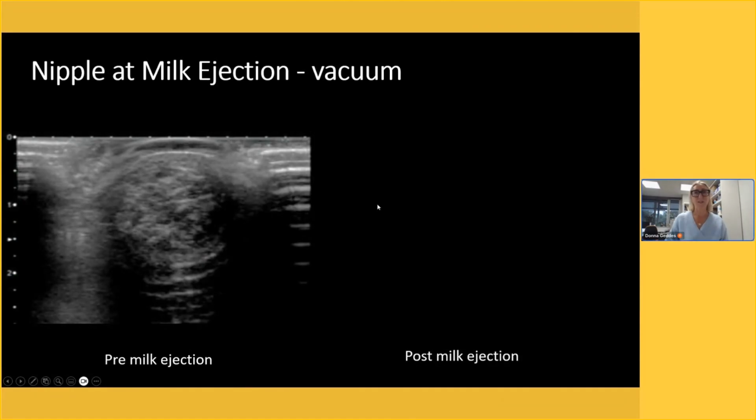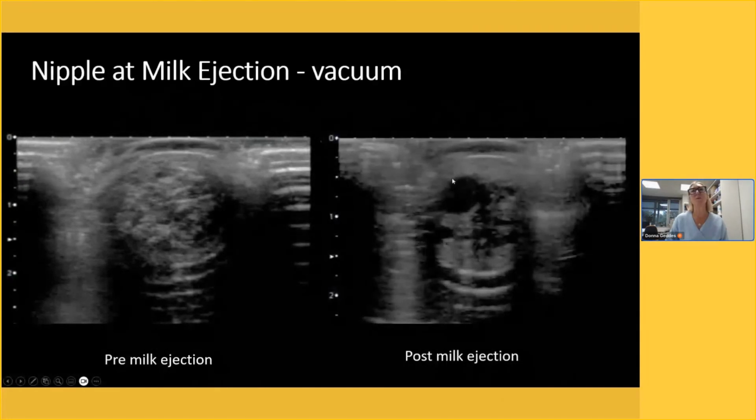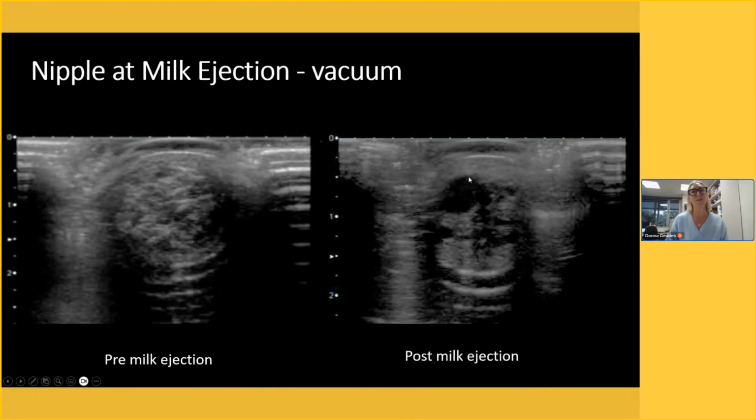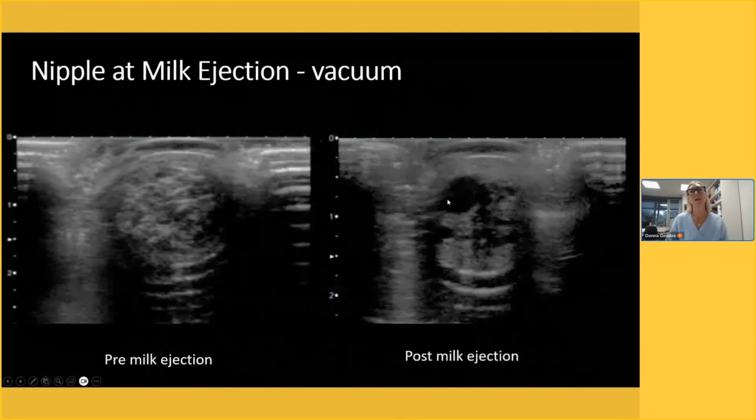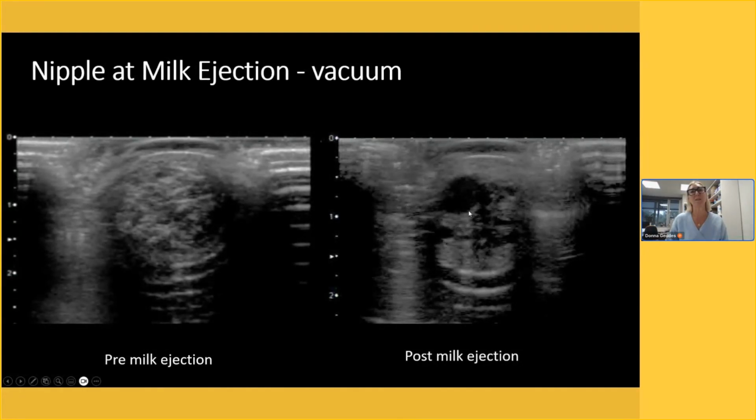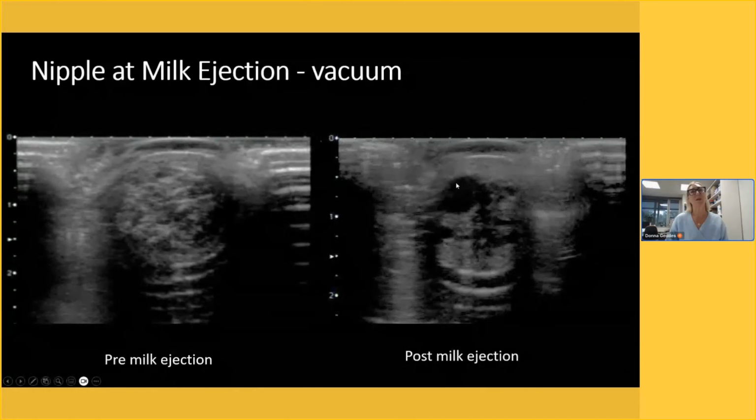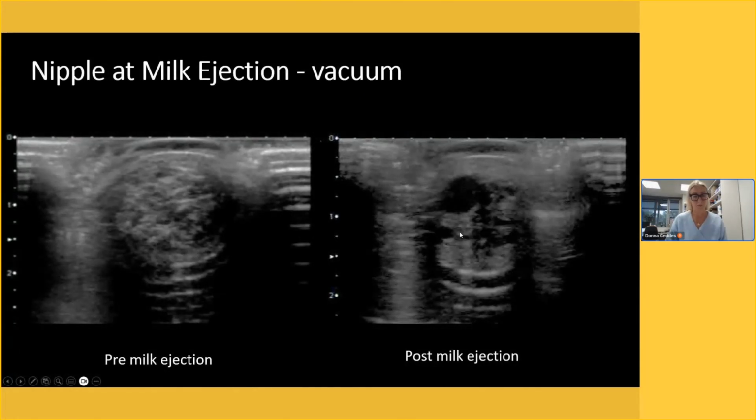When the mother lets down, to my surprise, there was quite a large dilation of these ducts, sometimes as large as what we see in the breast. So you can see that the same thing is happening in the nipple as the breast, as we elongate the nipple and apply vacuum, let down results in a large dilation.